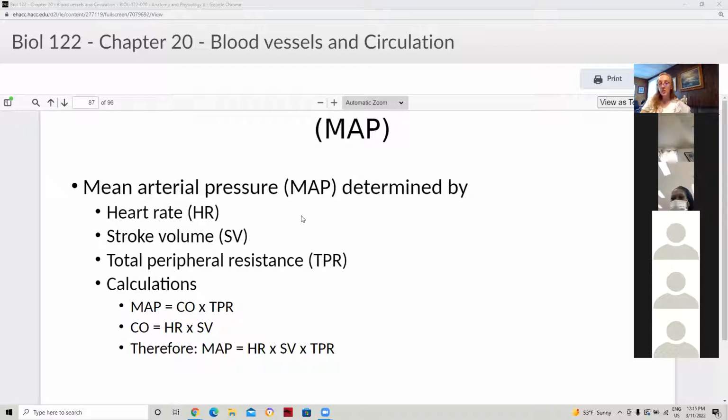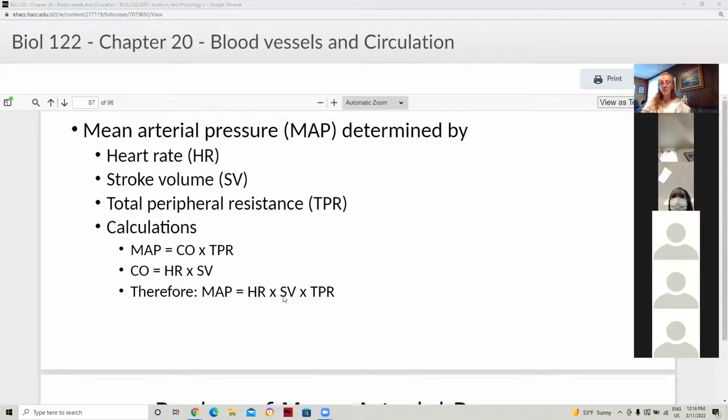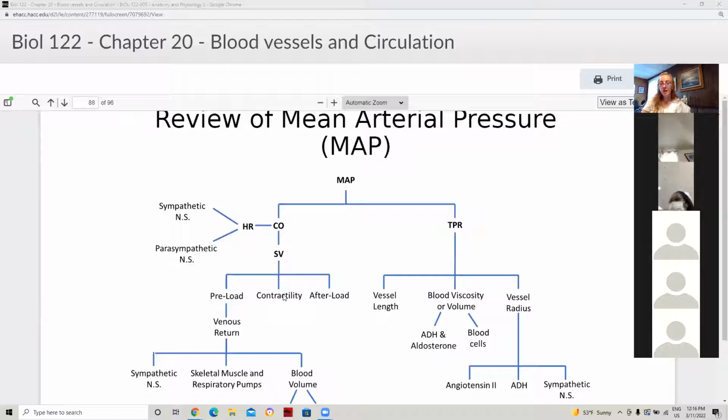So mean arterial pressure is determined by the heart rate times the stroke volume times the total peripheral resistance. And since we know that heart rate times stroke volume equals cardiac output, then mean arterial pressure is cardiac output times total peripheral resistance. I wrote the wrong thing. Okay, got it. Thank you.